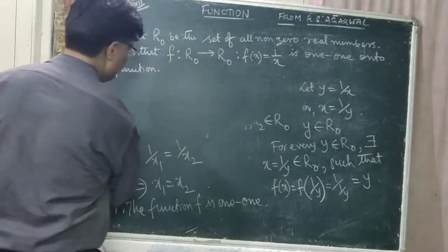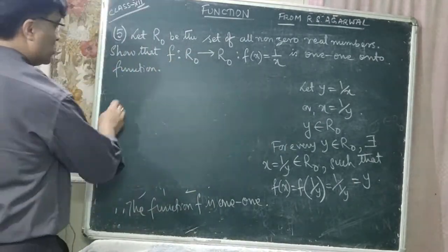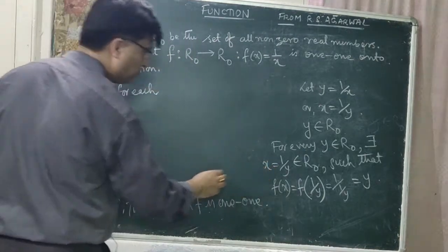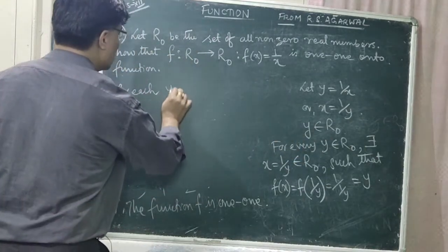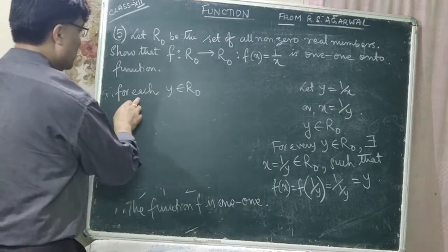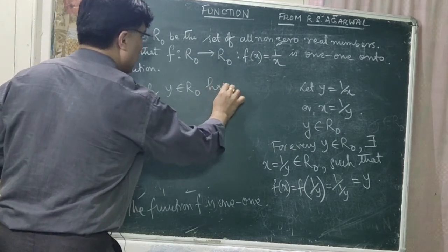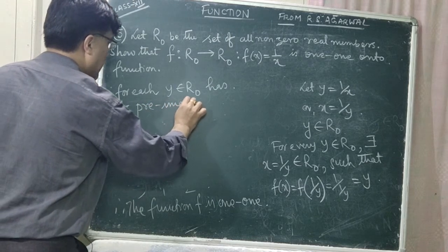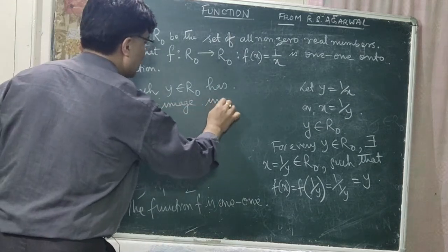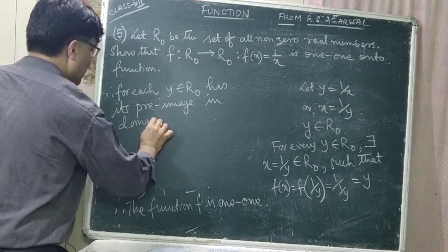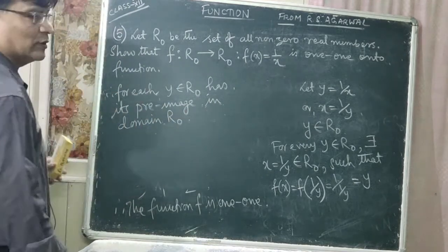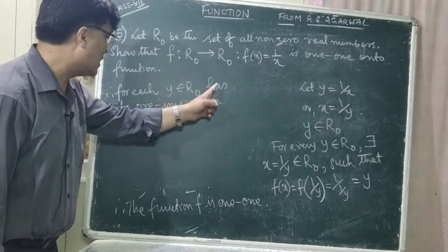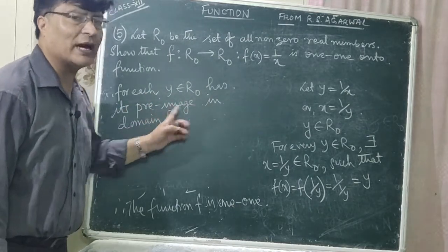So therefore each y belongs to R0 has its pre-image in the domain R0.